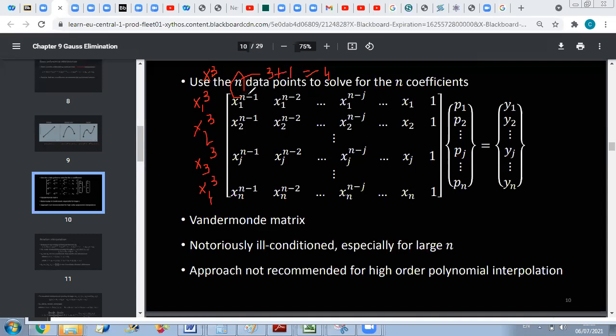And you continue to decrease the degree until reaching 1. If n equals 4, this will be 3, this will be 2, this will be 1, and the last is x to the power 0, which is 1. So for any number of data points, you will be able to fill your matrix of coefficients, and you can get P1, P2 until Pn. You can get n unknowns.